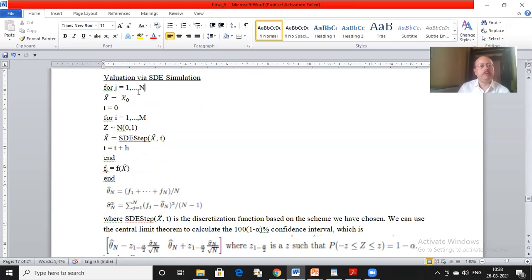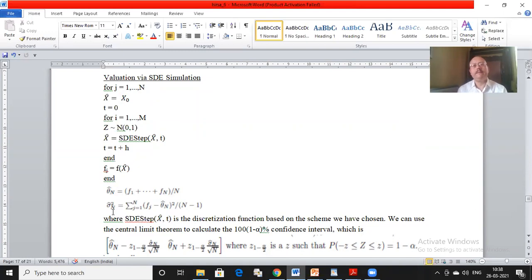Finally, after we have created the N many paths, f_j is f of X hat. Each path yields one value of f. My estimate of the expectation, theta hat N, will be a simple arithmetic mean of all the f_j, and I can also estimate the corresponding standard error with the usual formula.